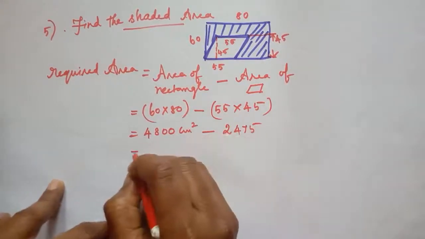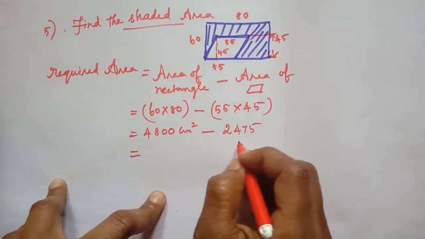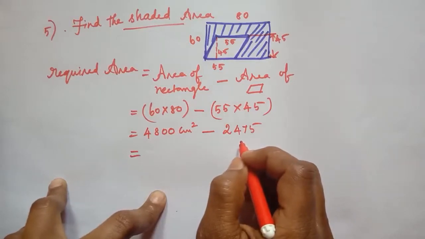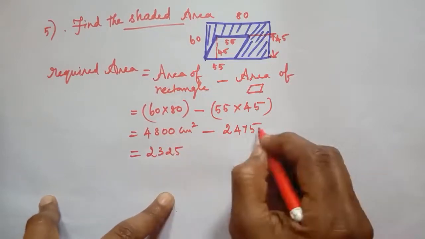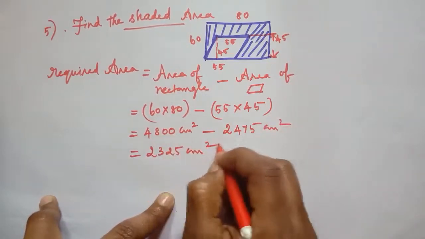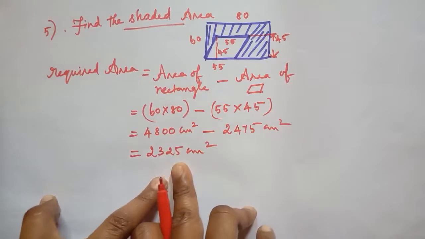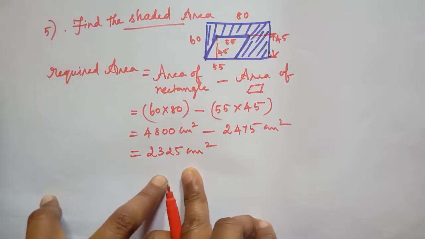So 4800 minus 2475 is equal to 2325 centimeters squared. So the required area is 2325 centimeters squared. Is it clear, students?